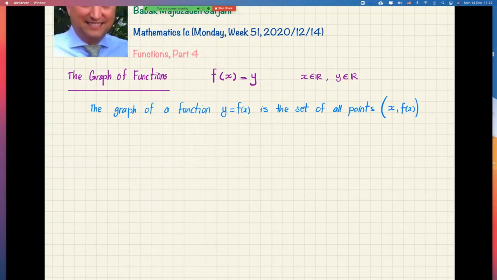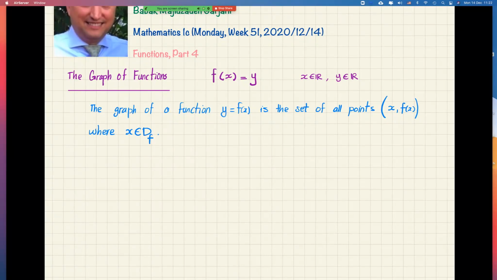I will explain this. The set of all points of this form where x belongs to the domain of your function. Okay, so this is a more or less precise definition of the graph of a function.